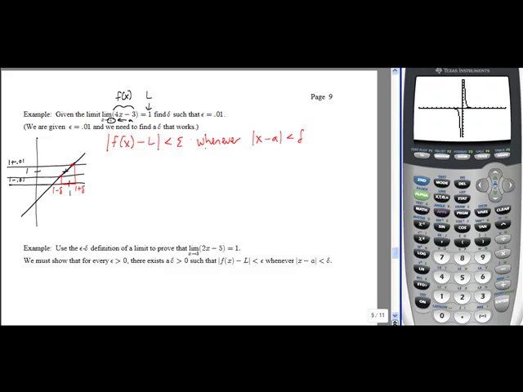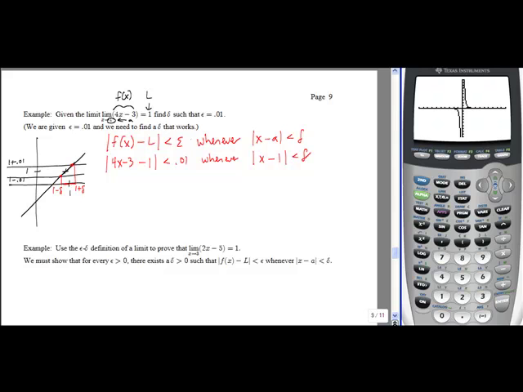And we know what several of these pieces are. We know that f of x is 4x minus 3. We know that L is 1. We know that epsilon is 0.01. And we know that A, this number that we're approaching, is 1. So this is going to become the absolute value of x minus 1 less than delta.